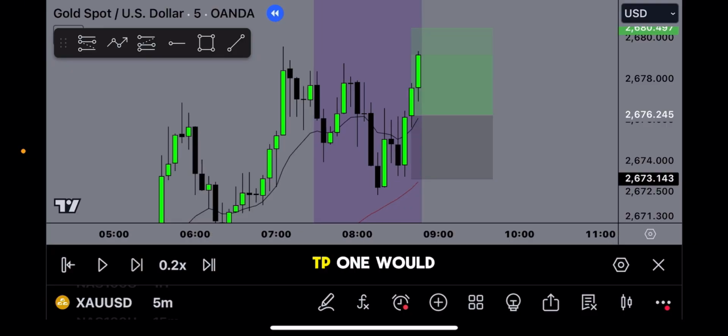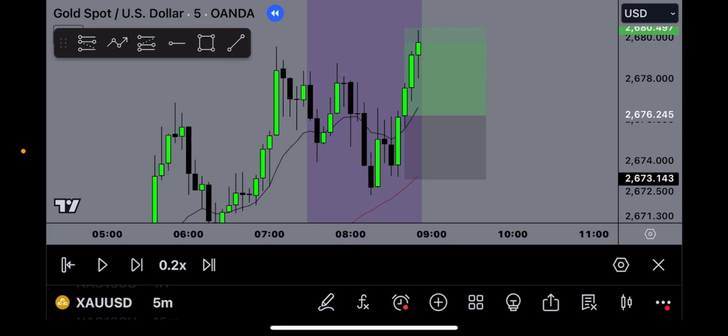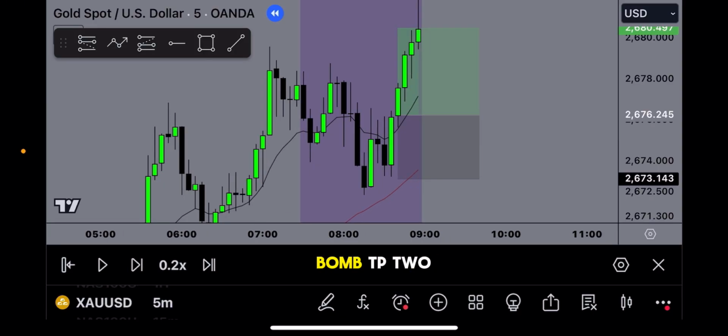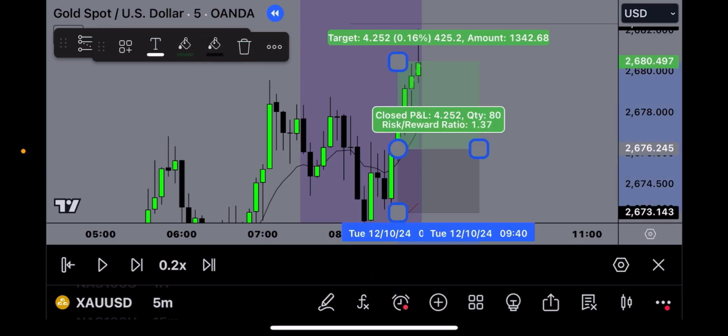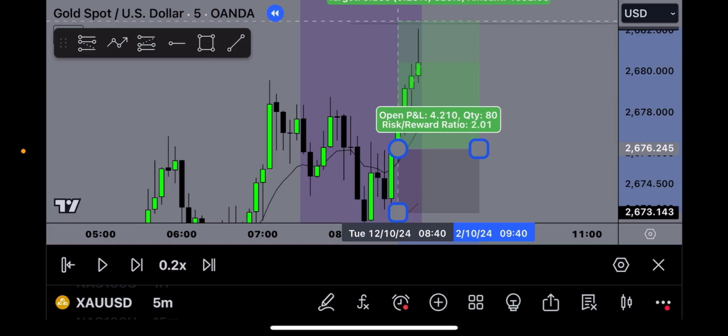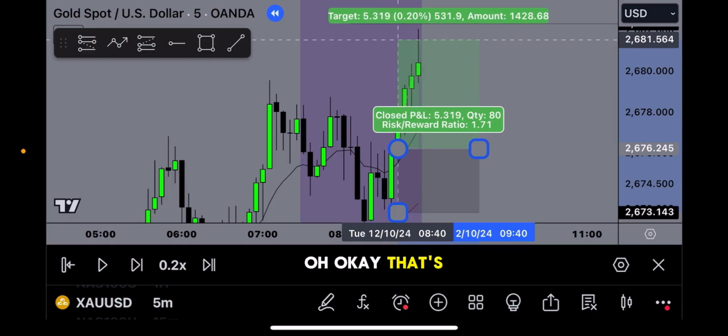Bam. TP1 would have hit already, and then I would have just been holding. I would have closed out majority and then held the rest of the trade to TP2. Then right here, bam, TP2 cleared. Well, TP2 cleared. I think I closed majority. Oh, okay, that's TP2 up there.